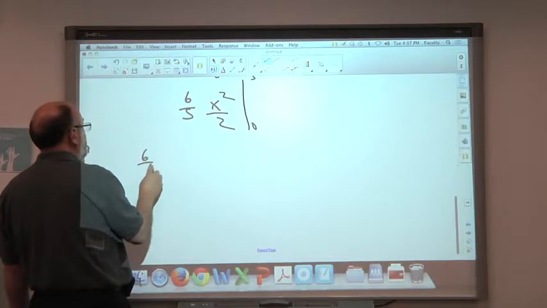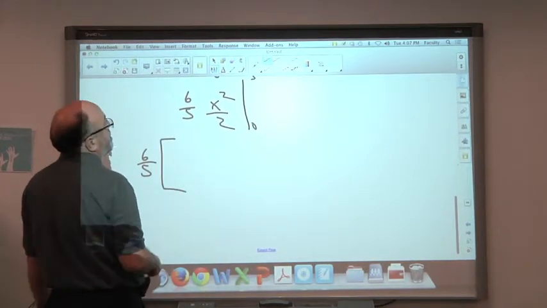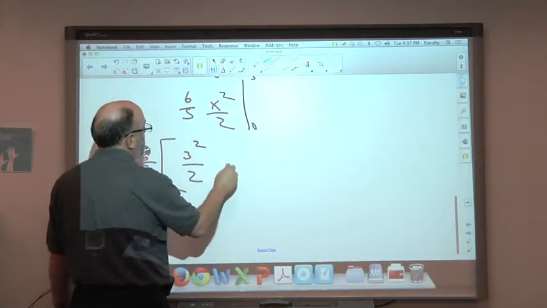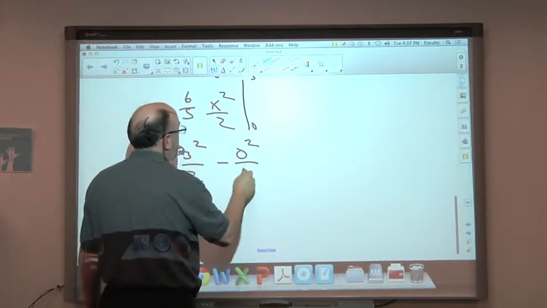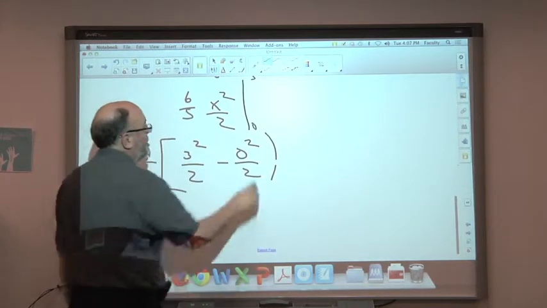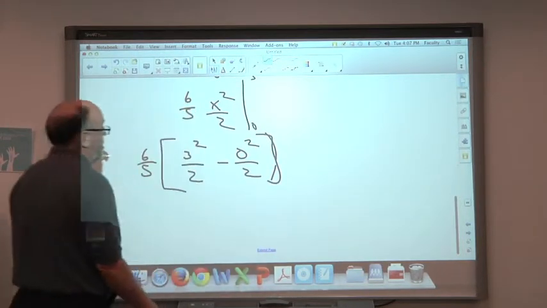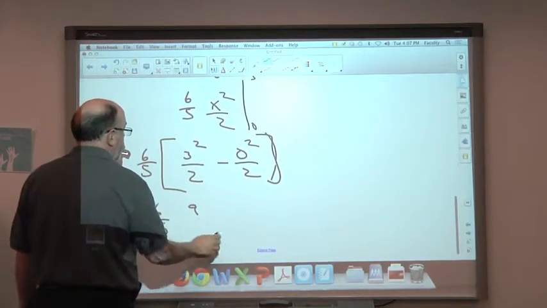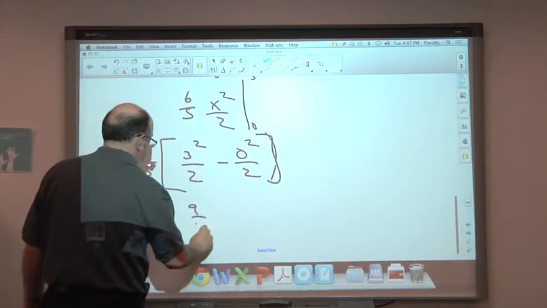So we get 6/5 times 3 squared over 2 minus 0 squared over 2, which is 6/5 times 9 halves.